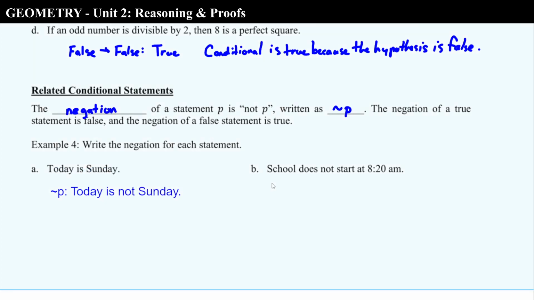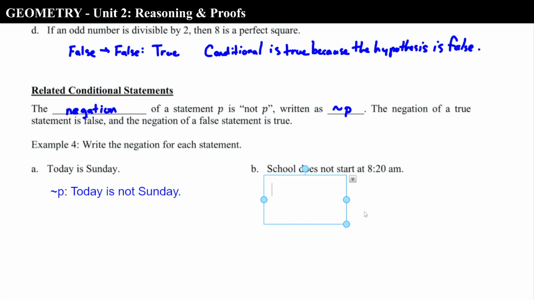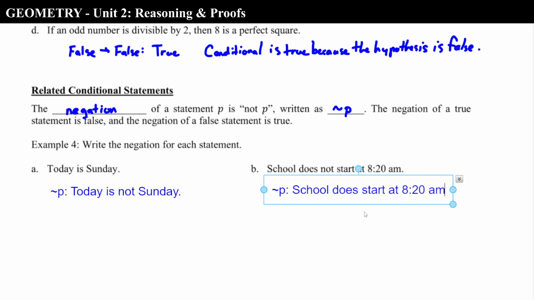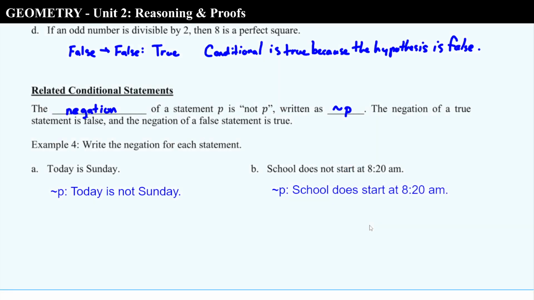School does not start at 8:20 a.m. So the negation of that would be to remove the not: School does start at 8:20 a.m. So all you're doing is taking whatever your statement is. If it doesn't have not in it, stick not in it. If it does have not in it, take the not out.